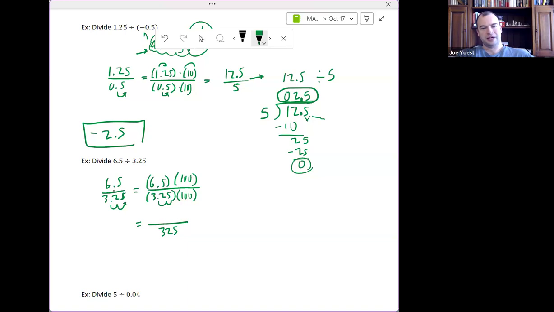In the numerator, 6.5 times 100. Remember, 6.5 is the same as 6.50. I can put a buffer 0 in there so that I have 2 places to move to the right. So I need 650 divided by 325. And I might realize, oh, wait, 325 times 2 is exactly 650. So in this case, we ended up with a fraction that was easy to simplify.